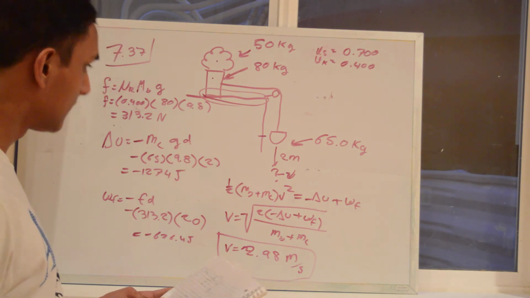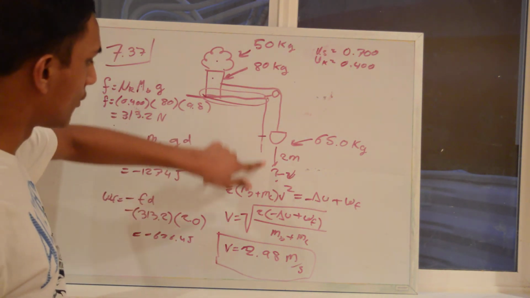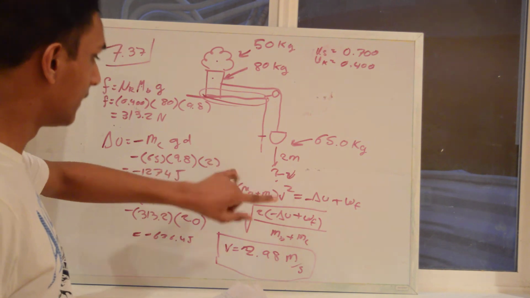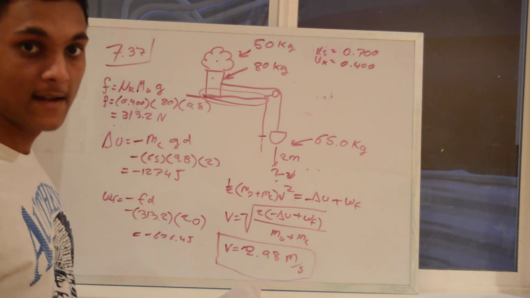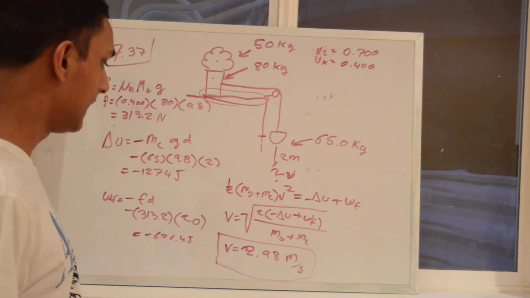So basically what that means is that once this concrete bucket drops 2 meters, the velocity of the concrete bucket at that position will be 2.98 meters per second.